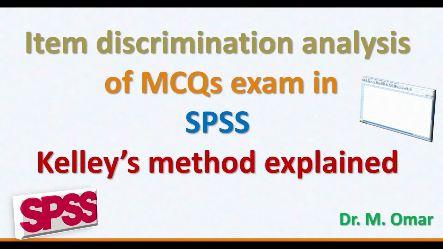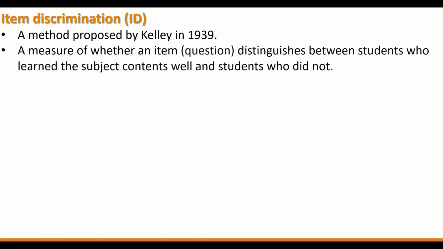The item discrimination, the ID, will be calculated using Kelley's method. Item discrimination, abbreviated ID, is a method proposed by Kelley in 1939.